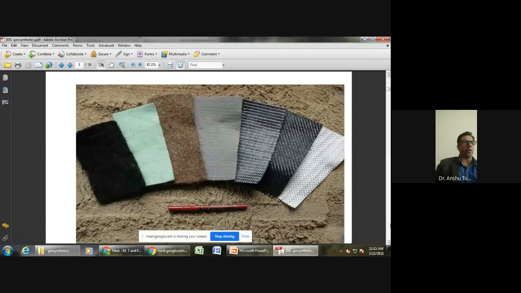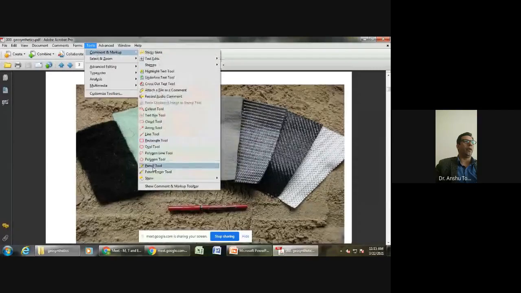These are the types of sheets. The structure, the configuration, as you can see, is different. These all are geotextiles, but you can see by the texture itself how different they are from one another.